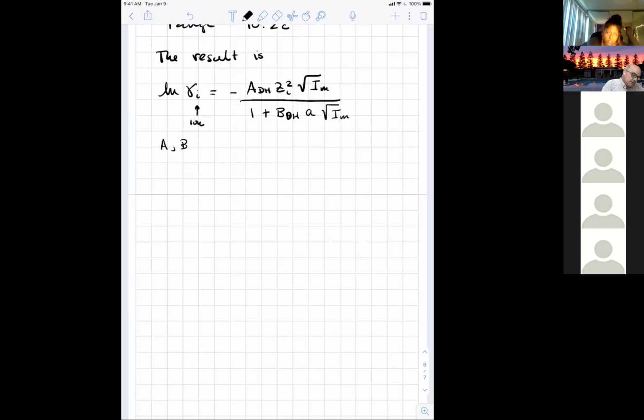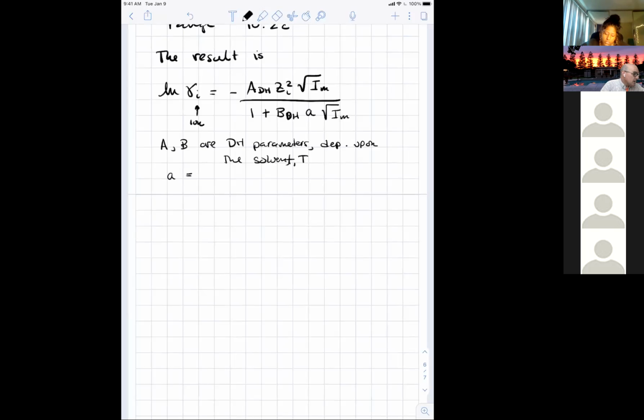The A's and B's are Debye-Hückel parameters, which depend upon the solvent and the temperature. So the temperature dependence is in that A and B, right?